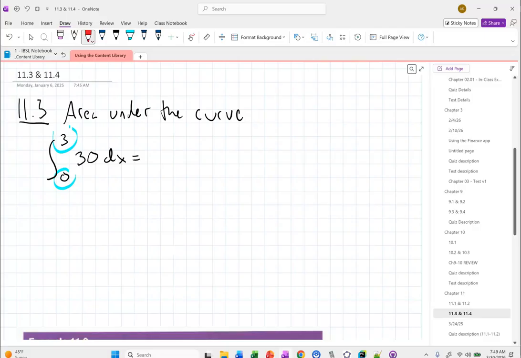But I start the same way I would for an indefinite integral. I'd start by finding the antiderivative of 30. What is the antiderivative of 30? So I add 1 to the exponent of the variable and then divide by the new exponent.